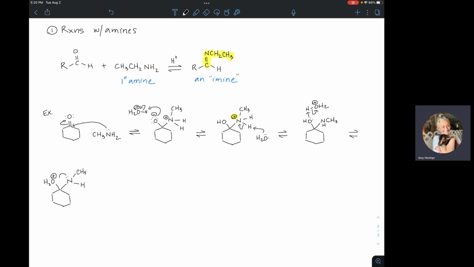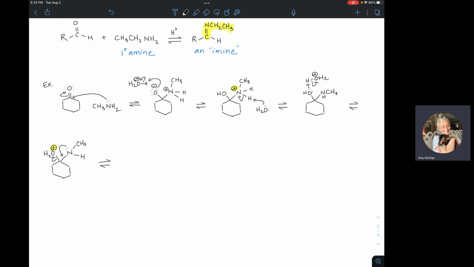These electrons are going to come down. I'm going to form a carbon-nitrogen double bond. Water is going to split. So again, that's the third tetrahedral intermediate. 1 and 3 are charged. Under acidic conditions, they're positively charged.